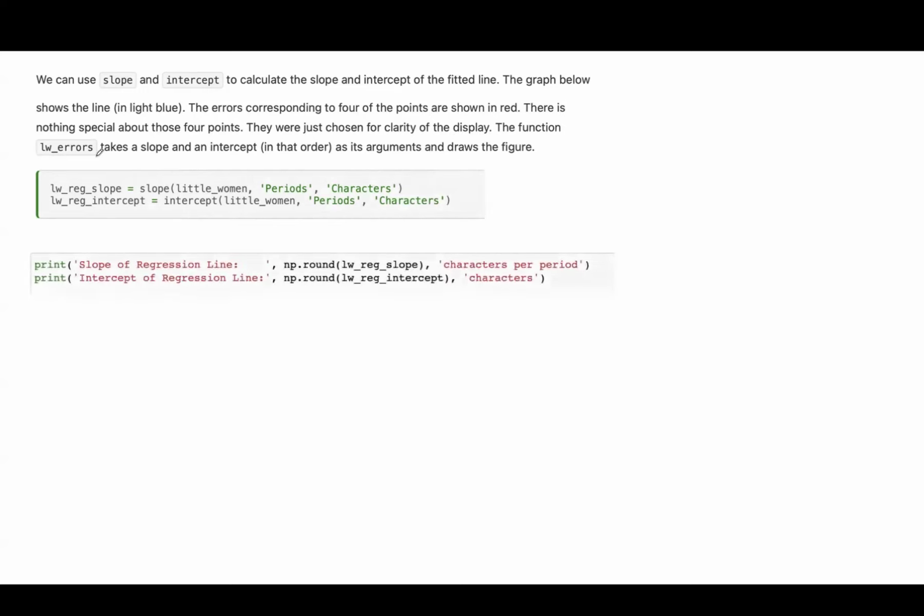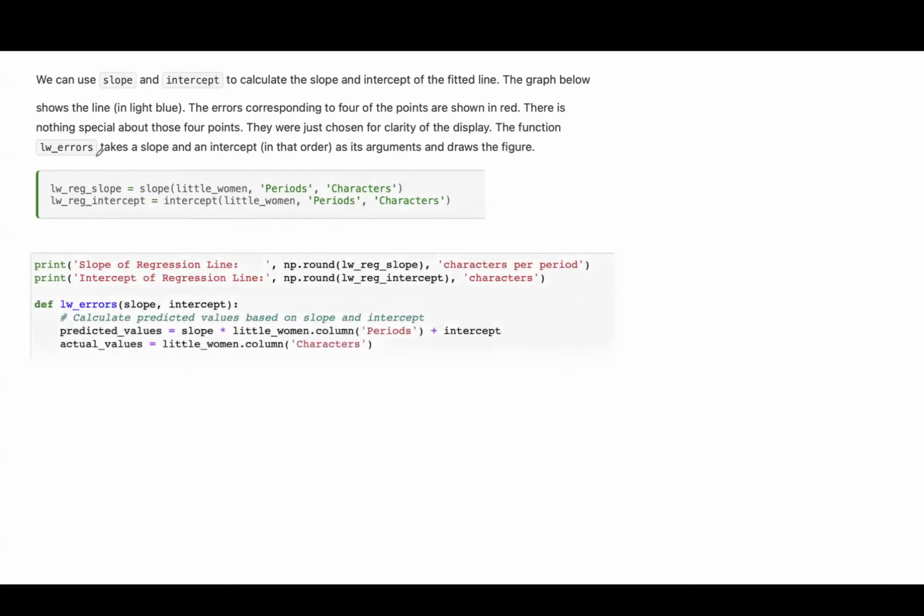So we calculate slope and intercept, and then we define the function Little Women errors and calculate the predicted values based on the slope and the intercept. The predicted value, as remember, is slope times x plus the intercept, and the actual values are the values located in the column characters.